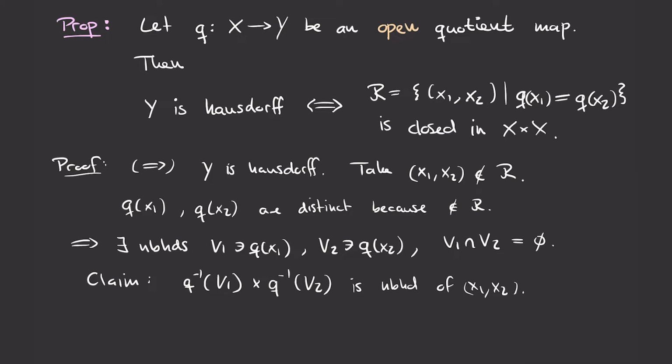Let's think about why this is the case. Well, by definition, these neighborhoods V1 and V2 are open sets in Y. Therefore, since the map Q is a continuous map, it means that their pre-images are also going to be open sets in X. So each of these individually is open in X. Therefore, their product will be an open set of the product space because the product topology is generated by all of the products of this form.